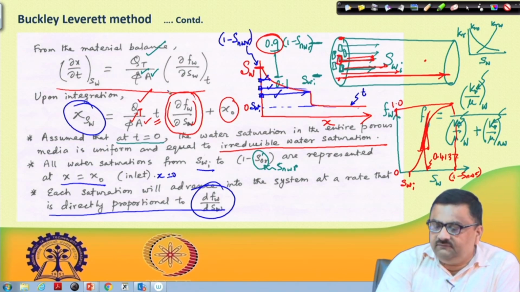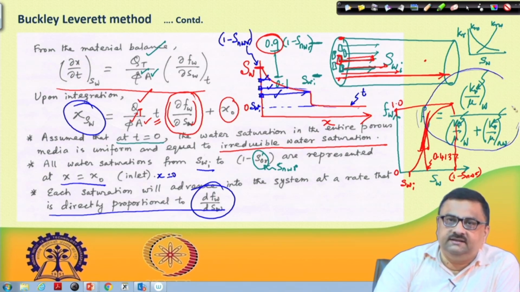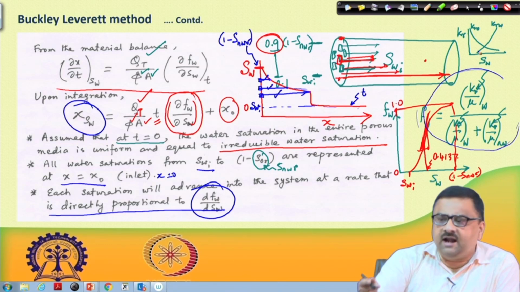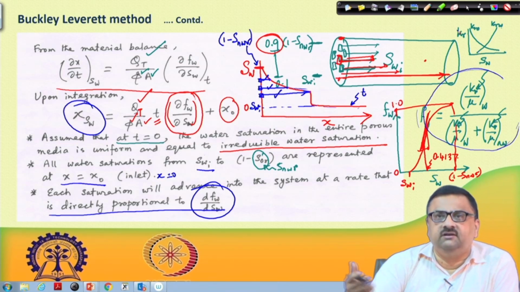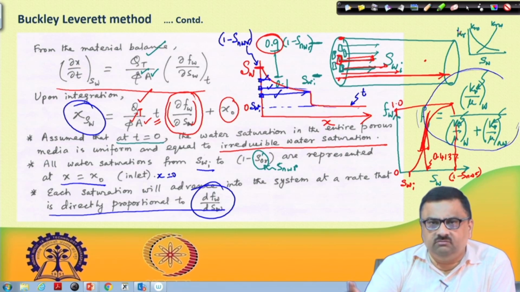And how do we get del FW del SW? We got this FW expression, and for it we already have relative permeability curves, or empirical relations. If one wants, one can write these relative permeabilities as a function of surface tension, contact angle and other rock properties, that is also welcome.